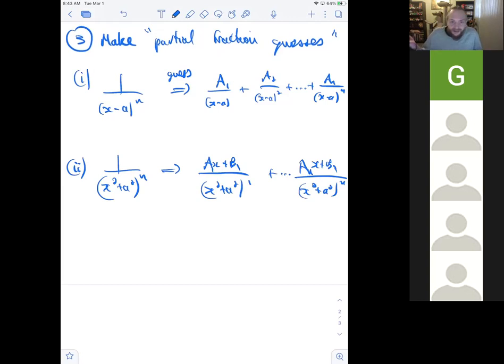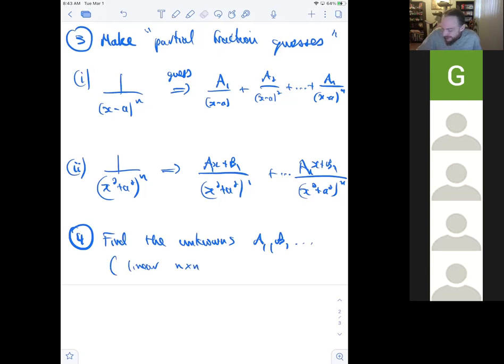Then once we've made these partial fraction guesses, what do we have to do? We have to find the unknowns, these constants. This is a linear k by k system if the degree of b is k.